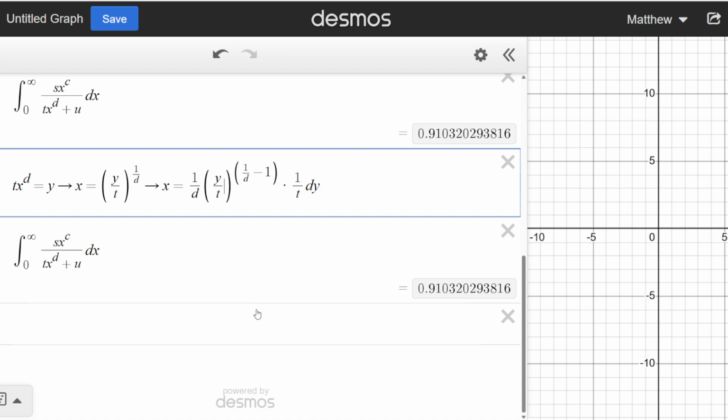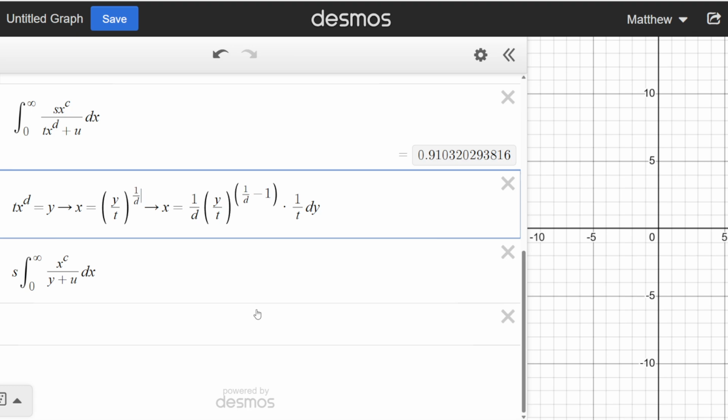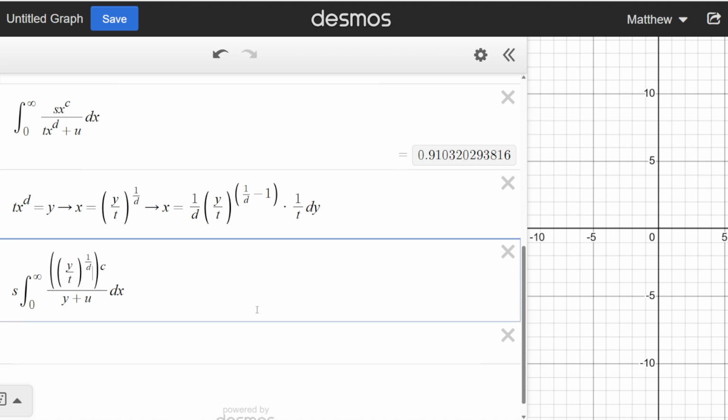First of all, the whole point of the substitution was so that we could let this be y. S is not going to change, so let's just go ahead and bring it outside of our integral. Our x becomes this; with our substitution, our x is just this. Then we can bring this c inside like this.